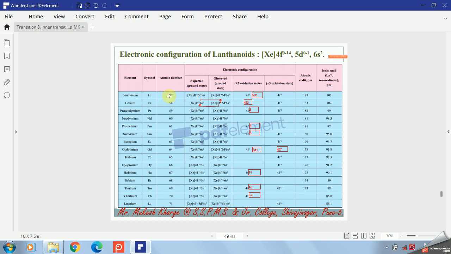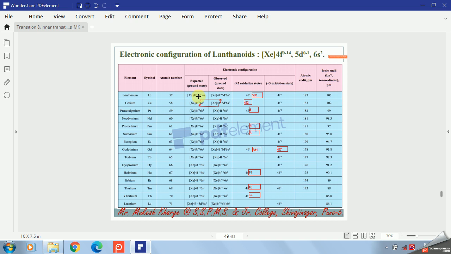So 3 electrons are added. Out of that 3, 1 electron is added in 5d and 2 electrons are added in 6s. So the sequence is 6s, 5d and then 4f. First 2 electrons are added in 6s and the remaining 1 electron is added in 5d, and 4f does not contain any electron.